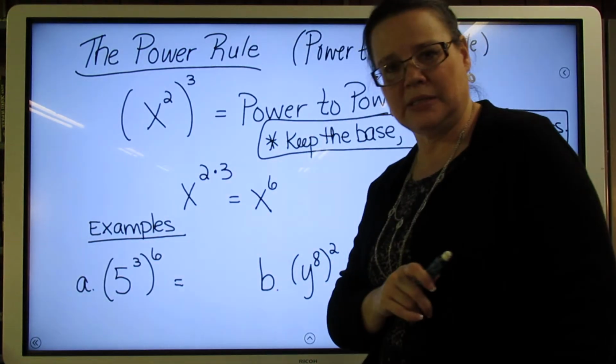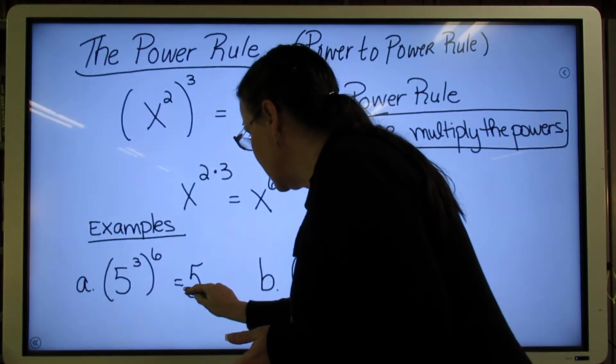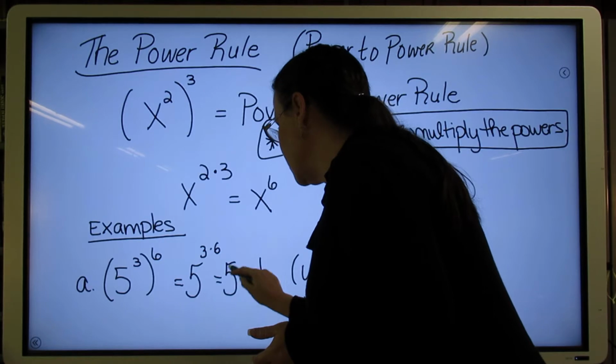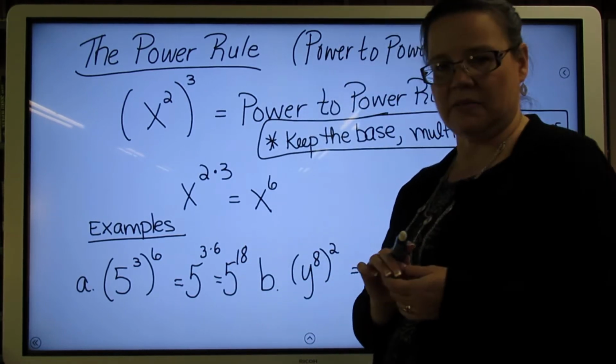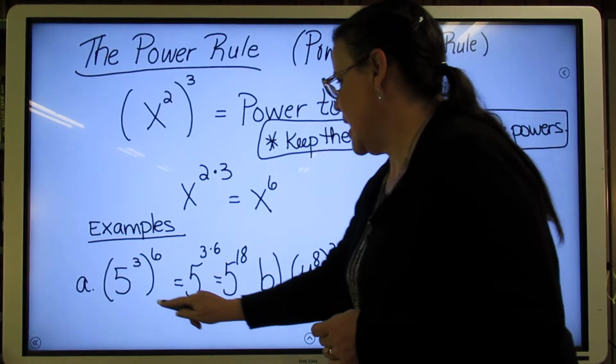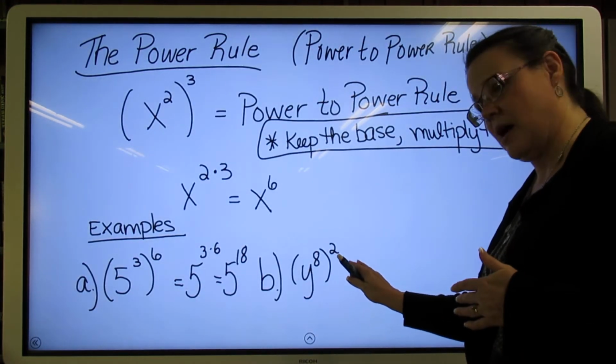So I have some examples here. So I'm going to keep the base. I'm going to times 3 times 6, and you should already know that that is 18, so it's 5 to the 18th power. And then I have, for b, y to the 8th to the squared power, right?